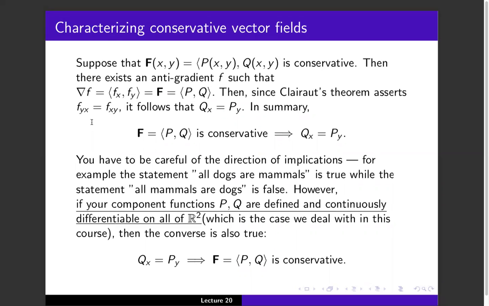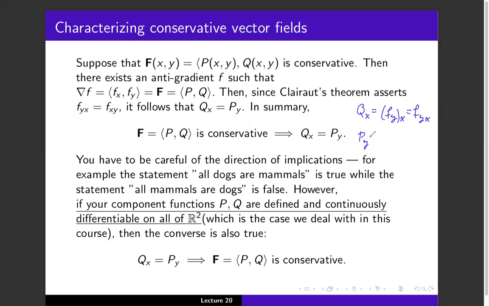Now, Clairaut's theorem tells us that the mixed partials are the same: fyx is equal to fxy. So if you differentiate Q with respect to x, that's going to give you fyx. Qx, just to make this as clear as possible, equals fyx.